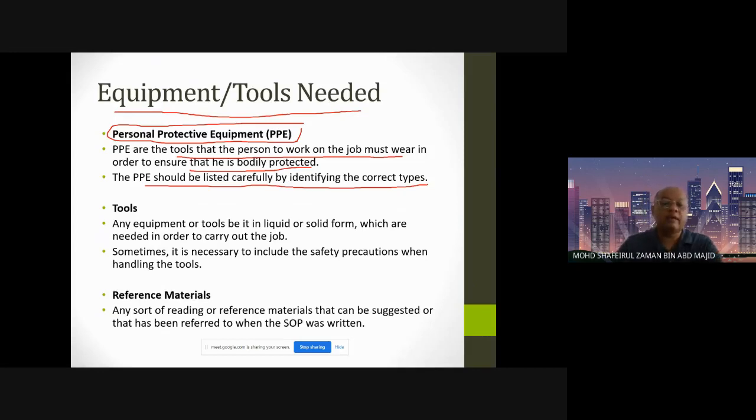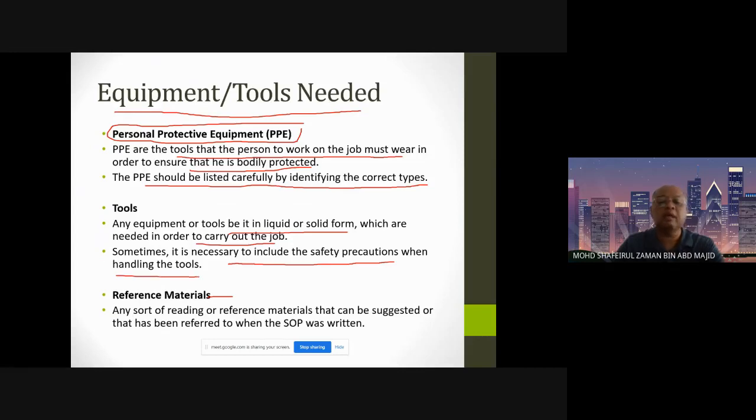On the tools, any equipment or tools, be it in liquid or solid form, which are needed in order to carry out the job. So what you need to perform the task. Let's say you need to have the drill. So you are going to list the drill as part of the tools. Sometimes it is necessary to include the safety precautions when handling the tools.